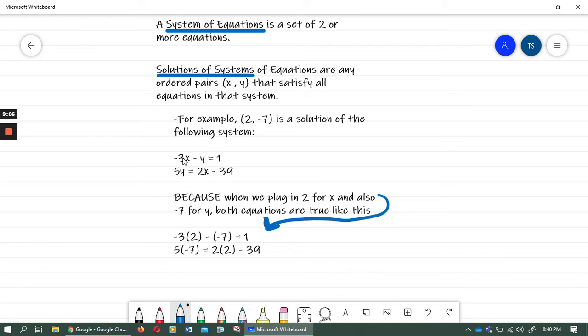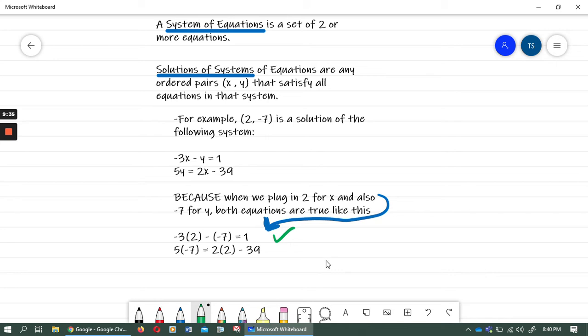So again, for that first equation, -3x minus y equals 1, we plugged in 2 for the x value and -7 for the y value. And when we plug that in, we do end up getting that both sides of the equation are equal. When we do -3 times 2, that gives us -6.